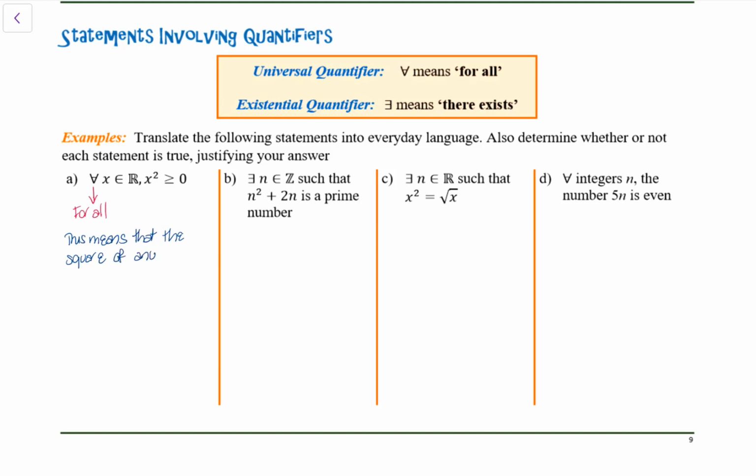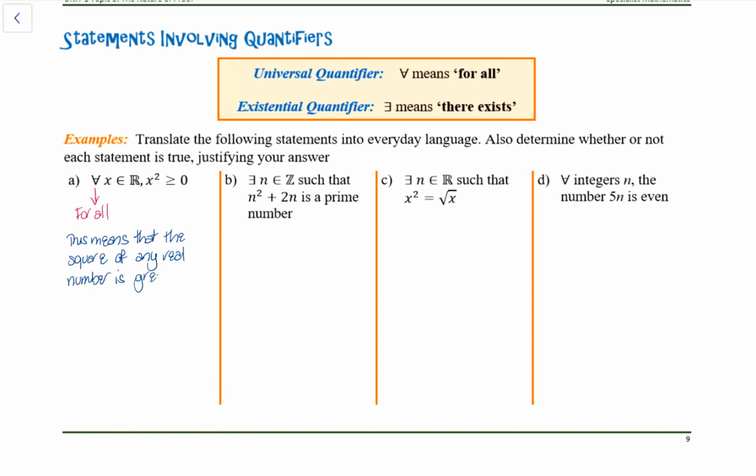So this means, in everyday language, that the square of any real number is greater than or equal to 0. If you think about that, the square of any real number is greater than or equal to 0. Well, that has to be a true statement, because if you square a number, it's going to become positive no matter what it is.